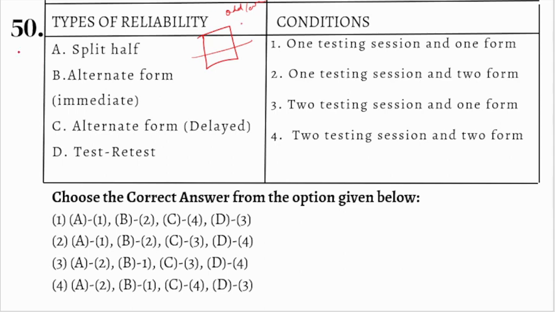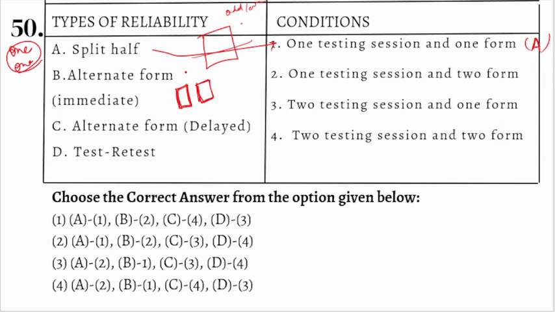Right, so here there is going to be one testing session and one form involved. So A is for 1. Then alternate form is when we have two separate parallel forms and we see if they are related, or if the scores given by them are similar to each other.